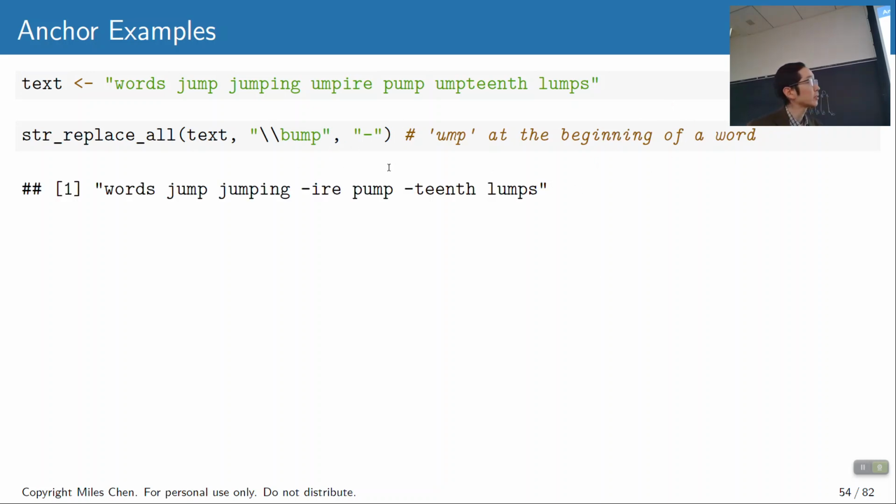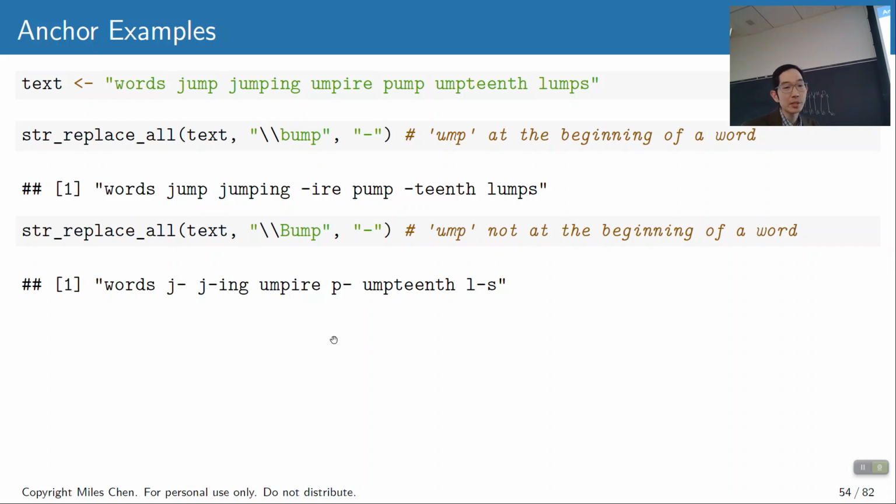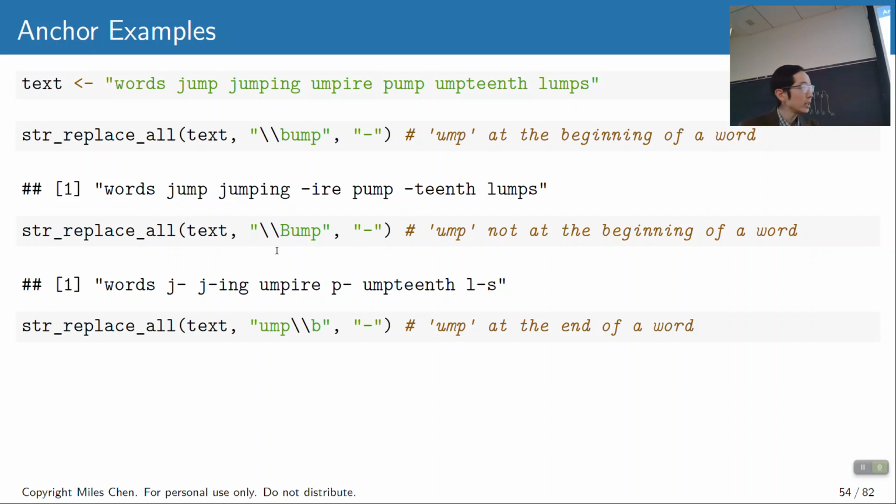The other ones are not. \B, UMP, says replace UMP as long as it is not preceded by a word boundary. So it will replace the UMP in jump, jumping, pump, and lumps, because those UMPs are not preceded by a word boundary. Here I have UMP followed by a word boundary, which means we need UMP at the end of a word. So we will replace the UMP in jump and the UMP in pump.